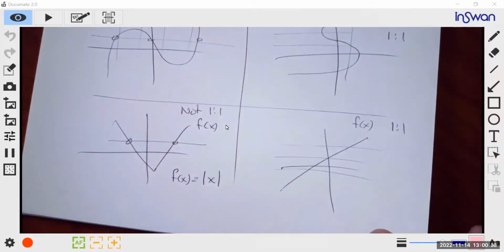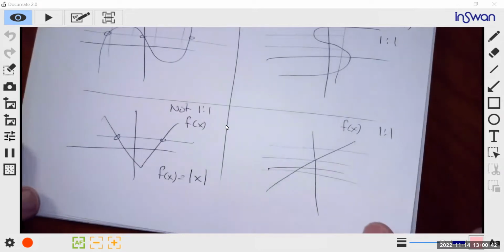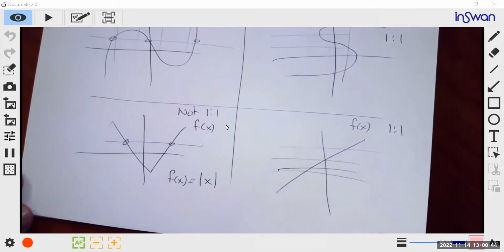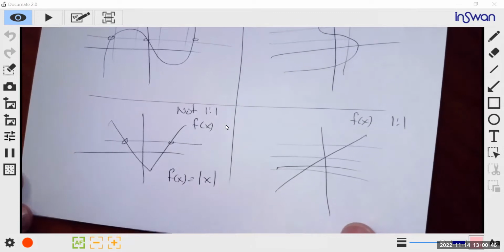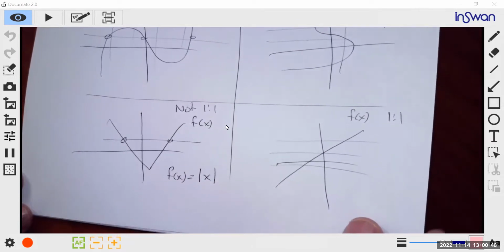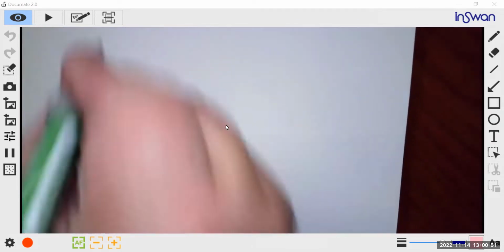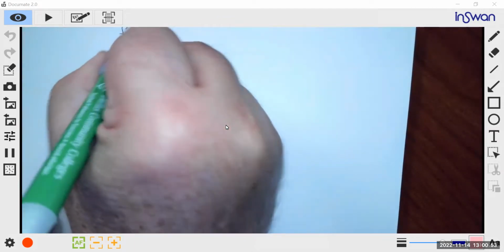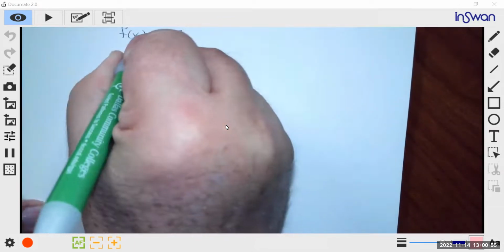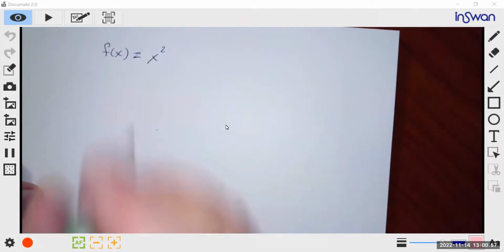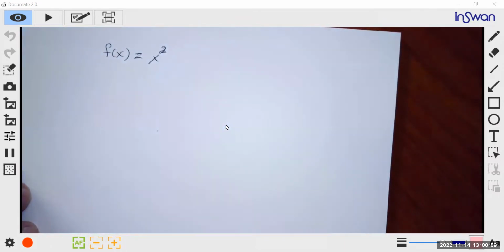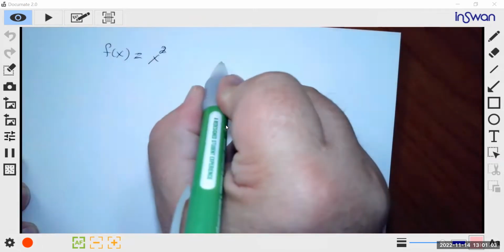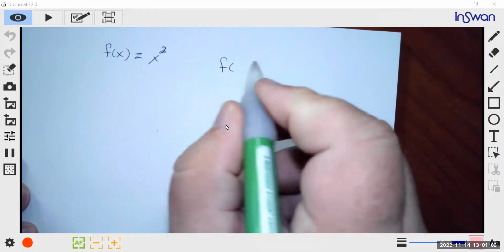Let me show you how the proof works for a function that's not going to pass the test for one-to-oneness. Let's pretend our function is f of x equals x squared. Remember, we're testing one-to-oneness.